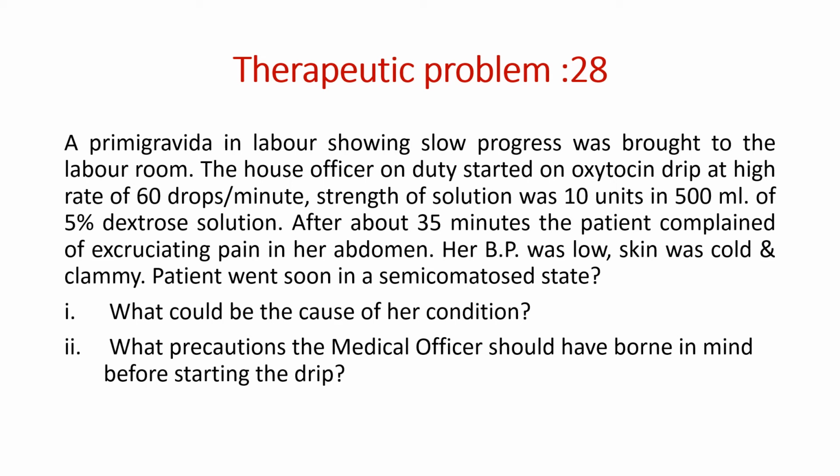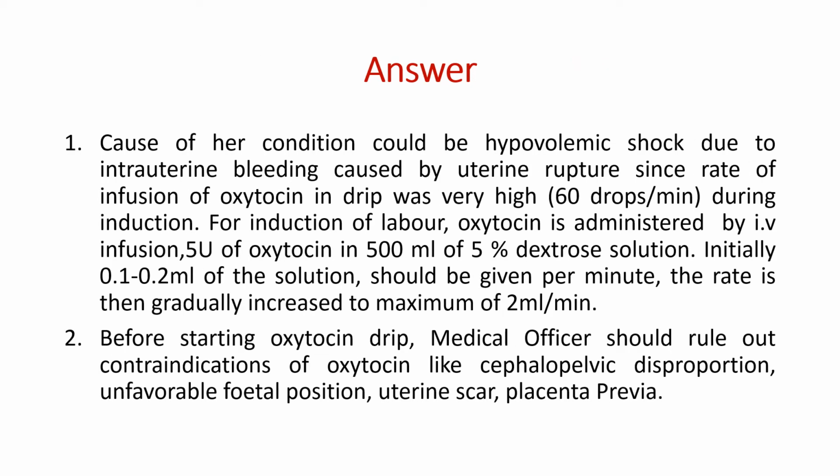Moving towards the answer for this therapeutic problem. First, the cause of her condition could be hypovolemic shock due to intrauterine bleeding caused by uterine rupture, since the rate of infusion of oxytocin in the drip was very high. For induction of labor, oxytocin is administered by IV infusion, 5 units of oxytocin in 500 ml of 5% dextrose solution.